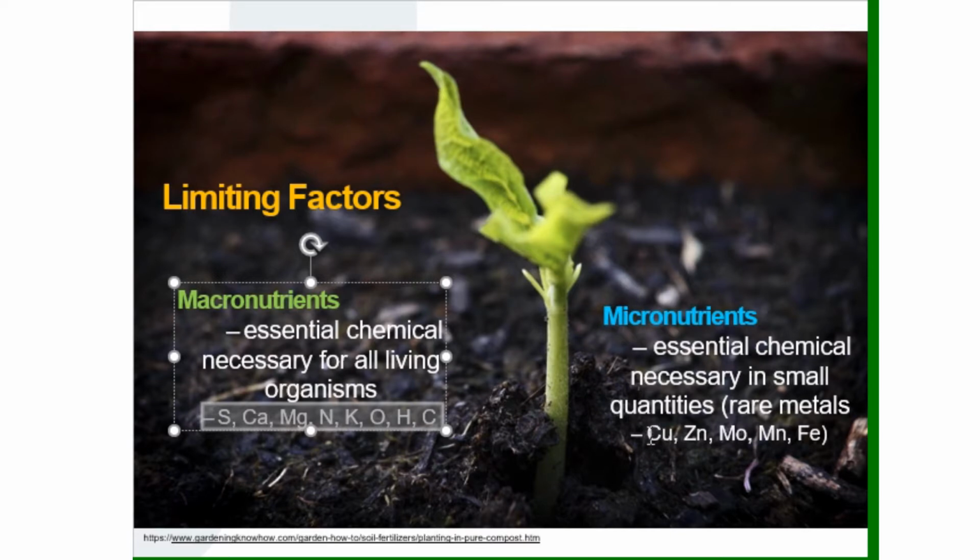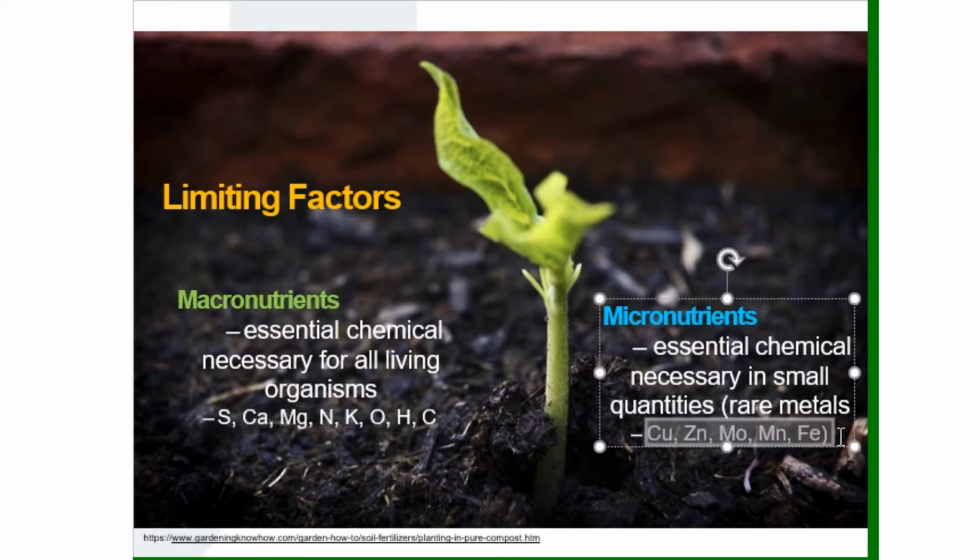Micronutrients, for example, are copper, zinc, molybdenum, manganese, and iron. These are rare metals and plants only need small quantities of these nutrients for their growth and development.